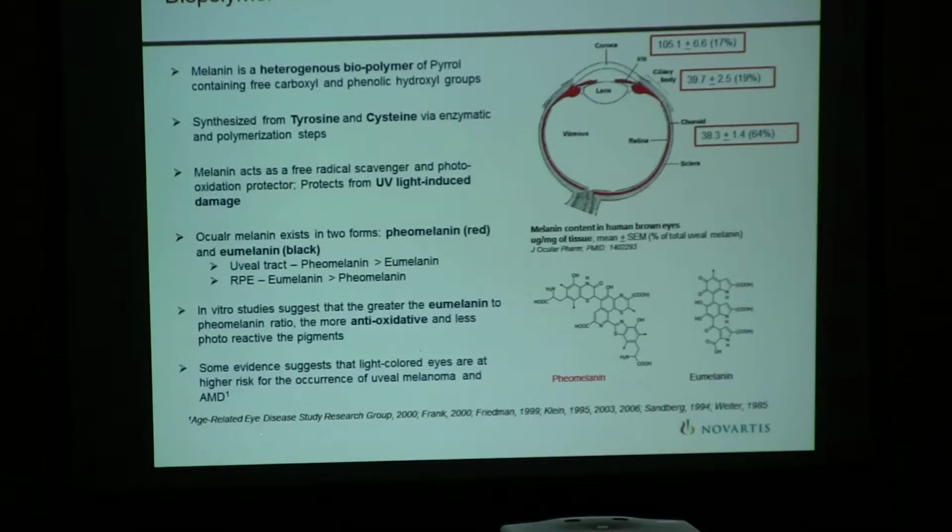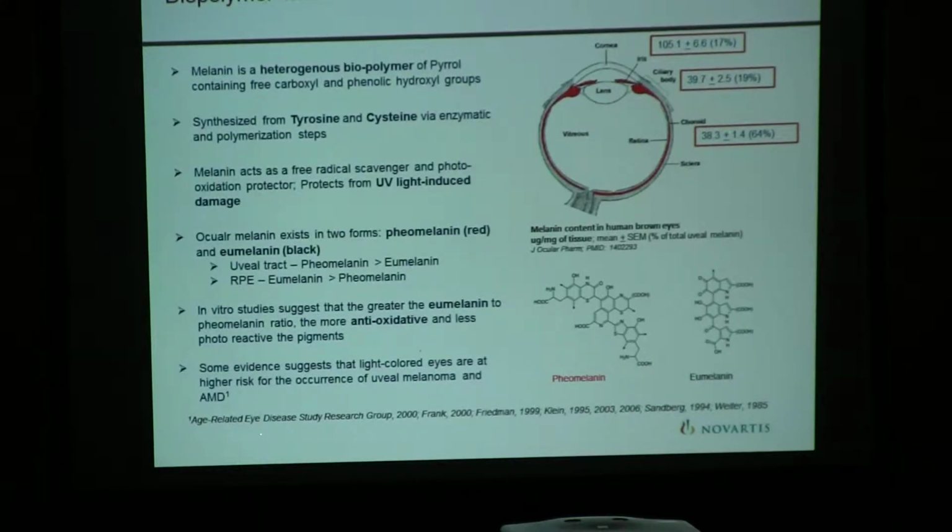It has been observed that in the uveal tract, basically the iris and choroid tissue, you have more pheomelanin, and that's why it's more reddish as compared to the retinal pigment epithelium, which has more eumelanin and a darker color. Some in vitro studies suggested that the more eumelanin you have, the more antioxidative properties the eye can have.